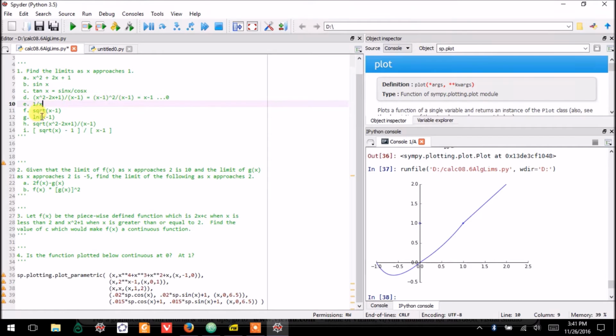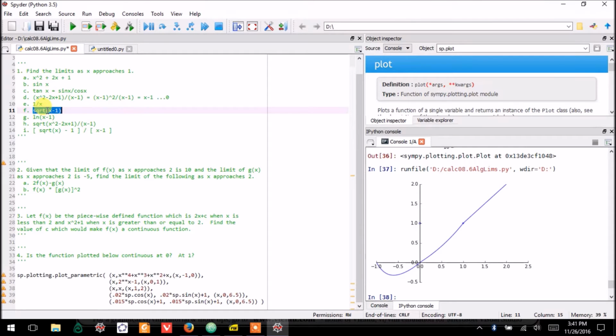Now here, as x approaches 1, this is a continuous function at that point, so you just plug in 1 and you get 1 over 1. Here, it is not a continuous function where the argument is 0, right? And since we're approaching 1, that makes the argument 0. This is a discontinuous function, and as we've seen before, the limit where the argument goes to 0 does not exist because of the left-handed limit.